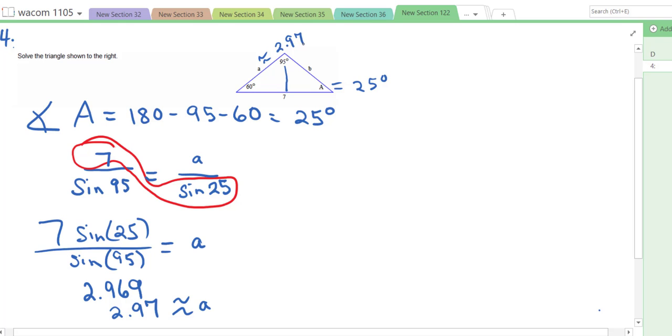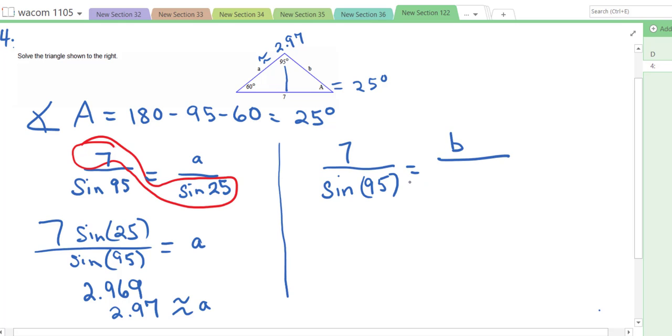All right, and so I still need to find B. So I would go with the same pair that I had originally, 7 over sine of 95, because those were both given. And I'm going to find b over sine of 60.